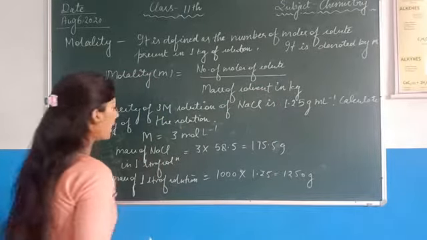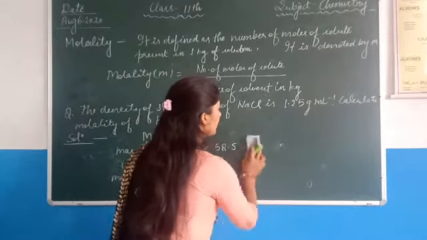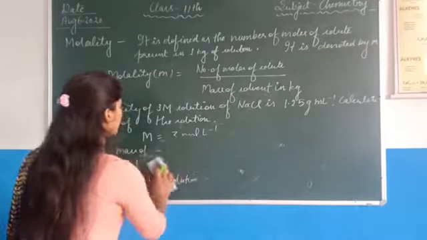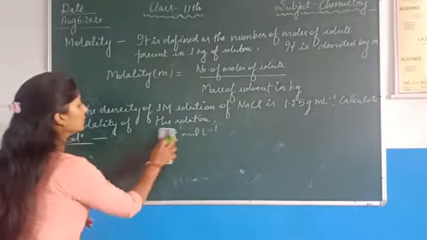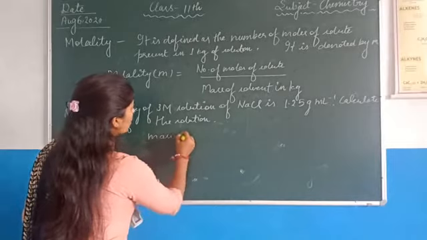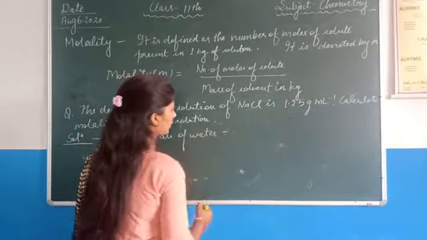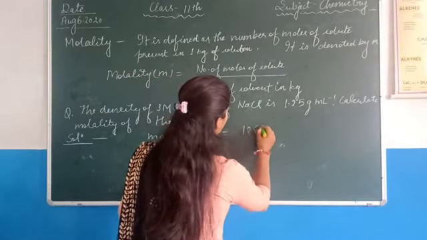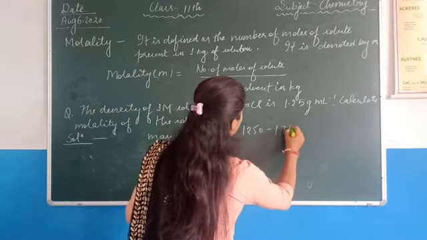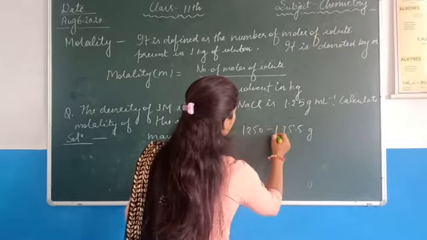Okay, so now we have to calculate mass of water in given solution. So mass of water in 1 liter of solution is equals to 1250 minus 175.5 gram of NaCl.